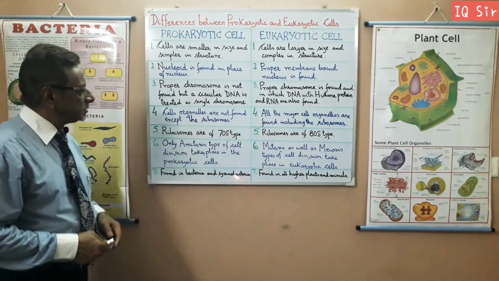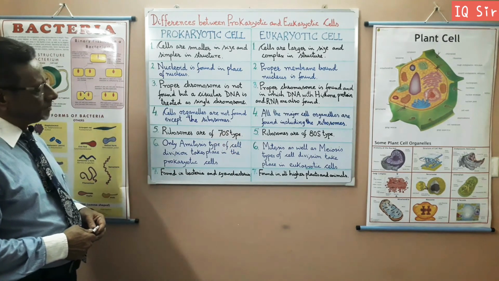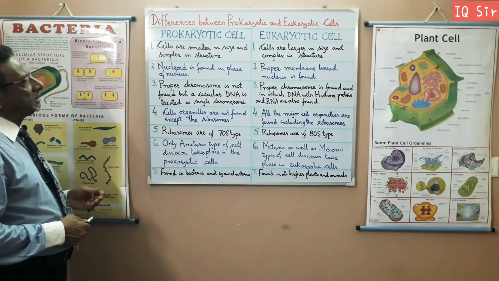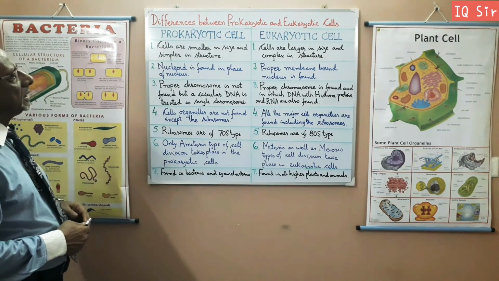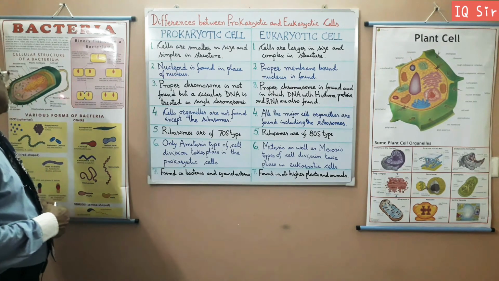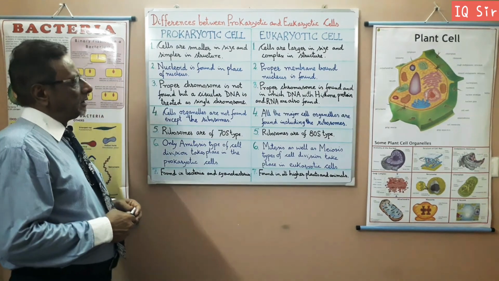Okay. So these are the seven differences. You can add many more. Suppose you can add the cell wall content: in case of plants it is cellulose, and in case of bacteria it is made of peptidoglycan.